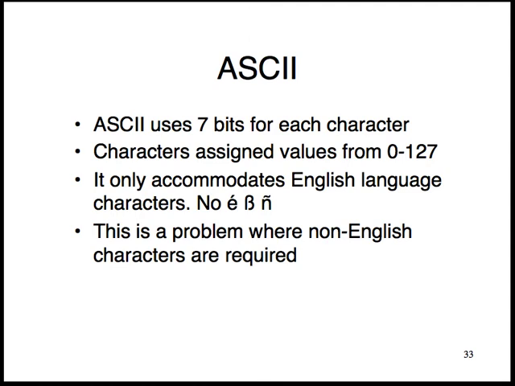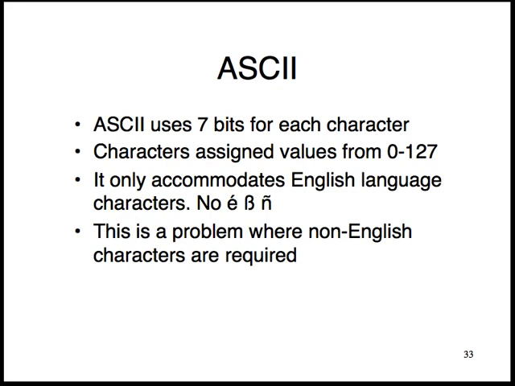That's a bad example because you don't know which of the S sounds I'm talking about, but anyway. And there's no ñ character in that. The difference between España and Espana is that squiggle over the N. Spanish people would consider this to be a different letter because of that squiggle. So this was a problem where non-English characters are required.